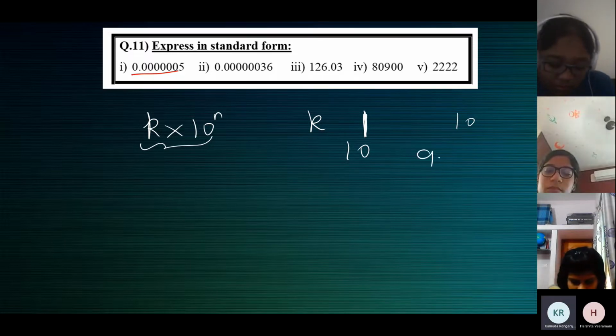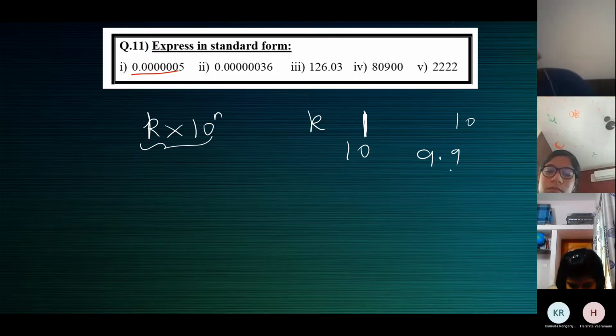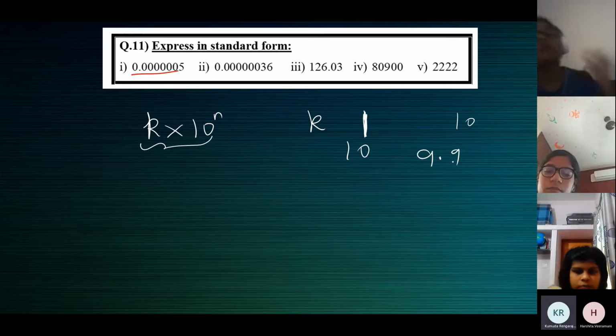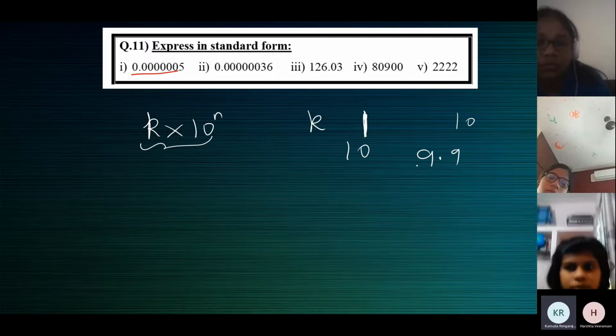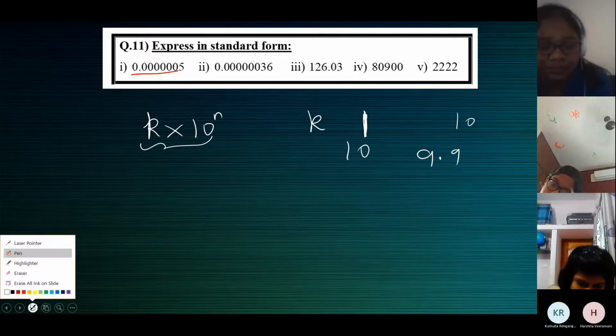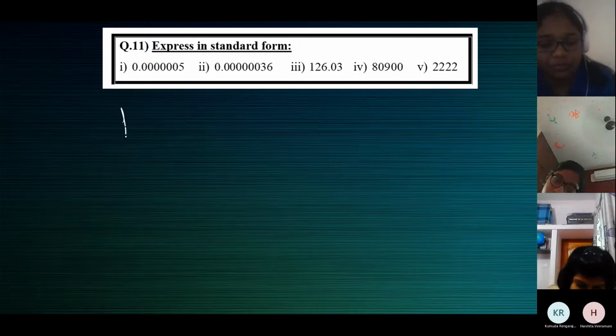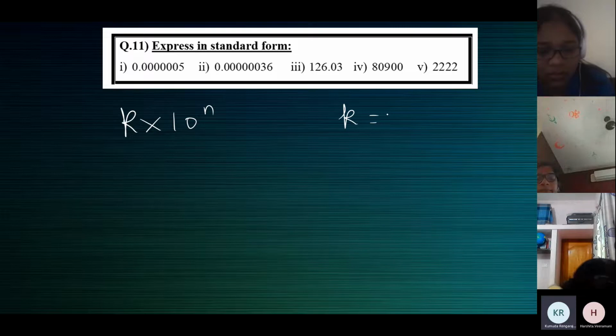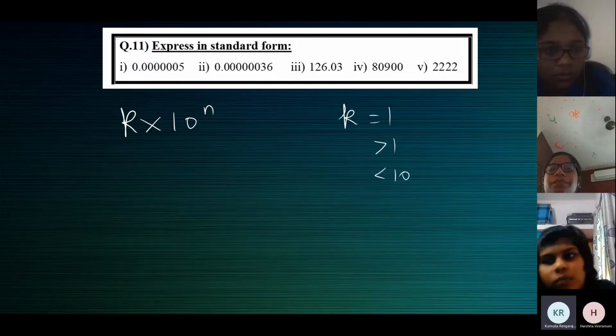Less than 10, it can be 9.9. So k can be 1 or anything greater than 1, but less than 10.